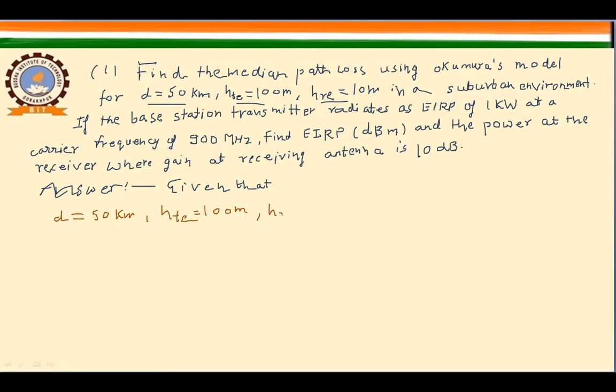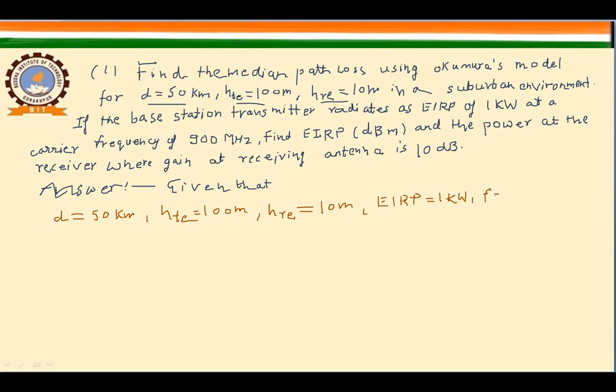Effective height of receiver is 10 meter. ERP is equal to 1 kilowatt.